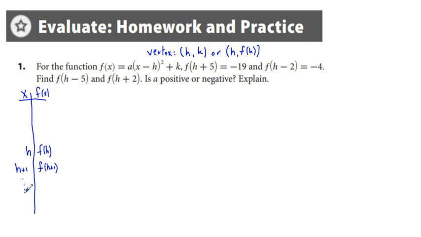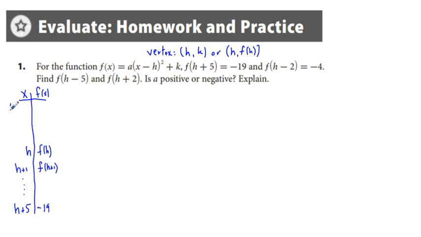Now, in this case, we're given f of h plus 5. We don't know what that is, but I'm going to come down and put in h plus 5. F of h plus 5 equals negative 19. And because of symmetry of a quadratic function, we can come up here equidistant away from h.